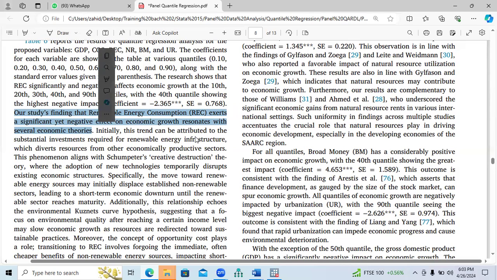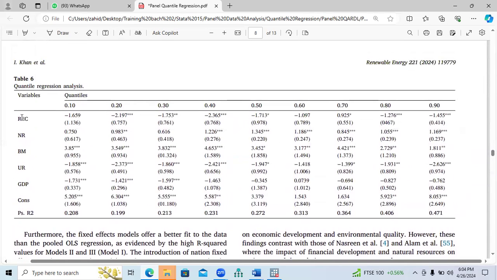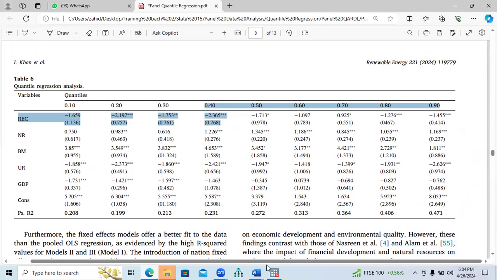Initially, this trend can be attributed to the substantial investment required for renewable energy infrastructure, which diverts resources from other economically productive sectors. So this is how you can interpret each of your variables here. With different quantiles, you can find out at which quantile it is giving the highest results. So this is the panel quantile regression.